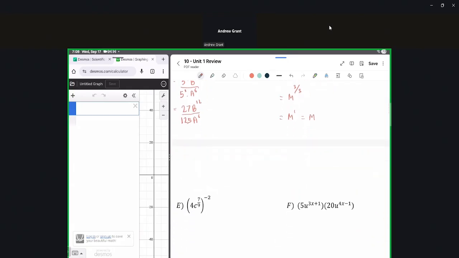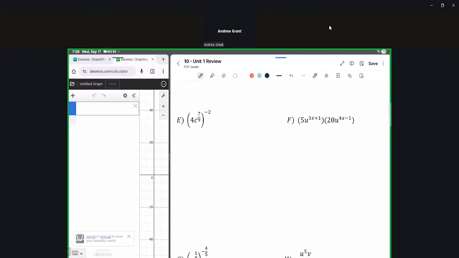Okay, let's continue on. So E, we now have 4 times c to the power of 7 over 9, all to the power of -2. Okay, fair enough. First thing I want to do is just apply the negative exponent. And so this will become, and recall that if you have, say, the number 4, that's the same thing as 4 over 1.